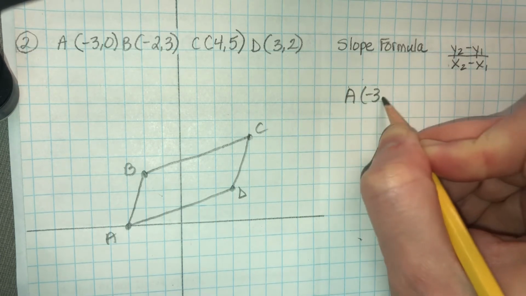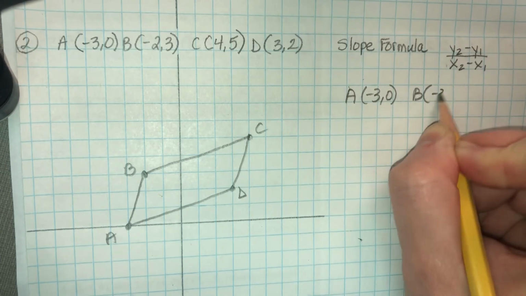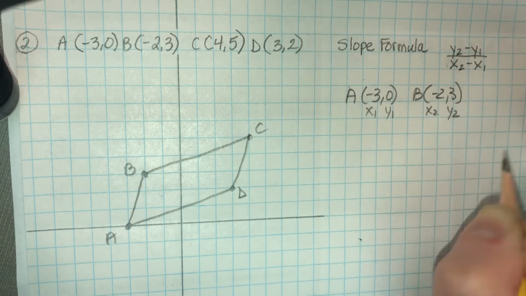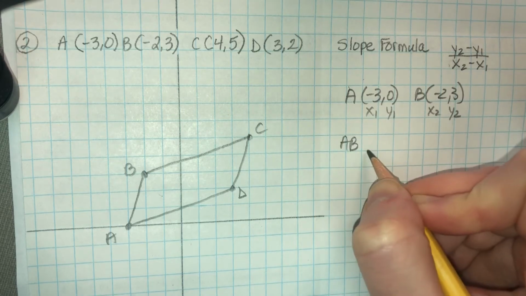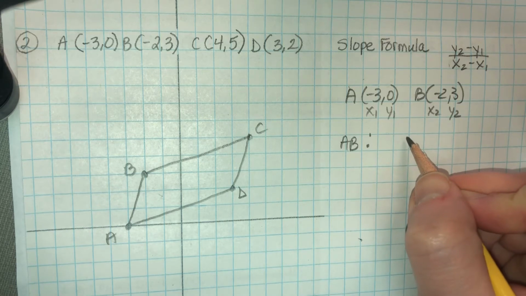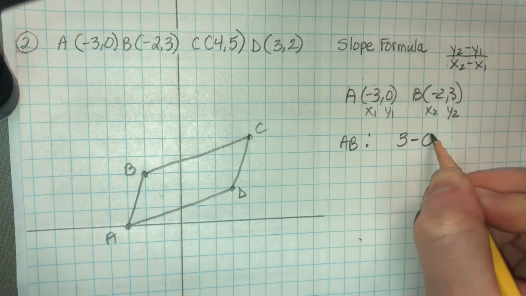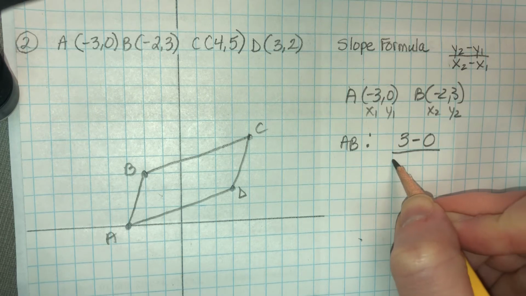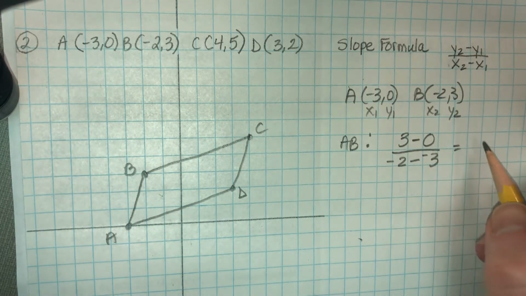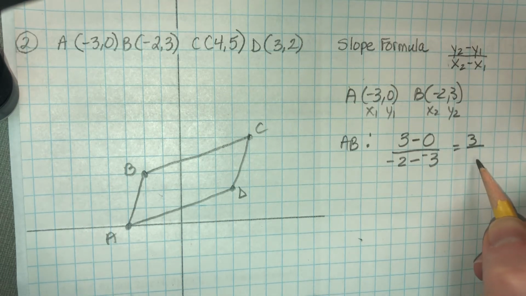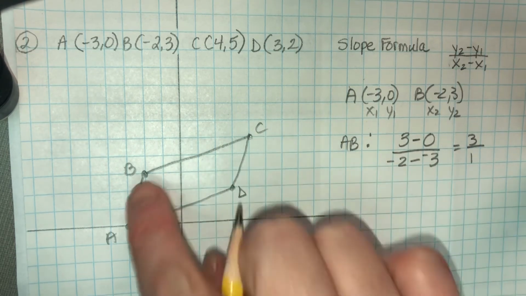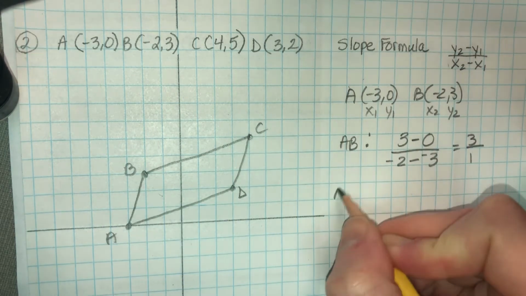So A is at negative 3, 0, and B is at negative 2, 3. x1, y1, x2, y2. So AB, the slope would be y2, which is 3, minus y1, which is 0, divided by x2, which is negative 2, minus x1, which is negative 3. So that's 3 divided by 1. Now let's look at BC, because this one touches this one, to see if they're perpendicular.